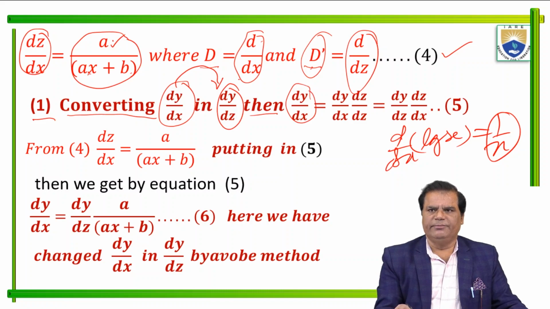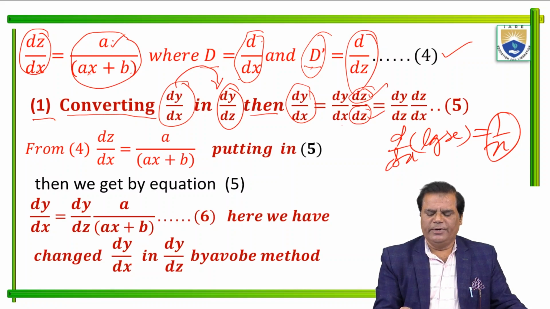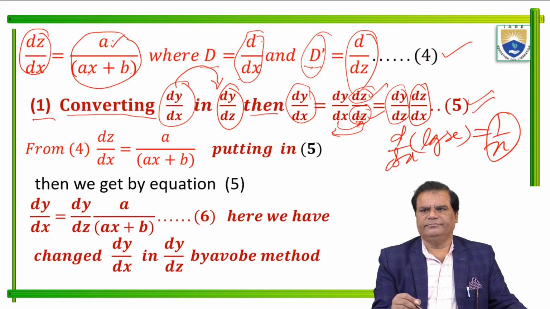This equals dy dx, multiplying and dividing by dz. Now the denominators dz and dx interchange, and we get dy over dz and dz over dx. This is equation 5.